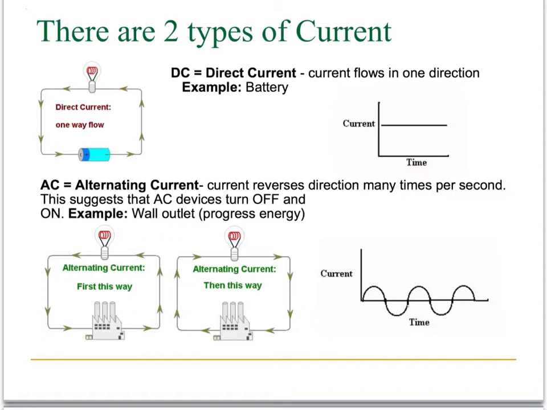This is helpful because when we are not using the electricity, it's not flowing, and that keeps our electric bill lower. Because batteries are direct current, that's why they have a shelf life. So even if you're not using them, they can still go dead. If we were to graph current versus time for alternating current, we're going to get what looks like a sine wave.